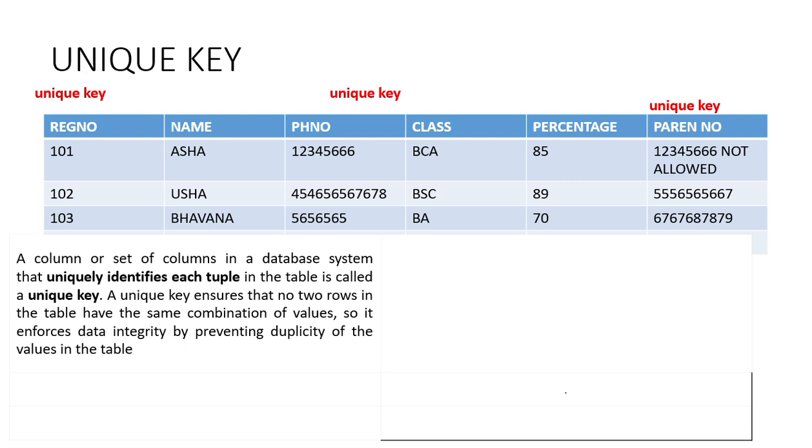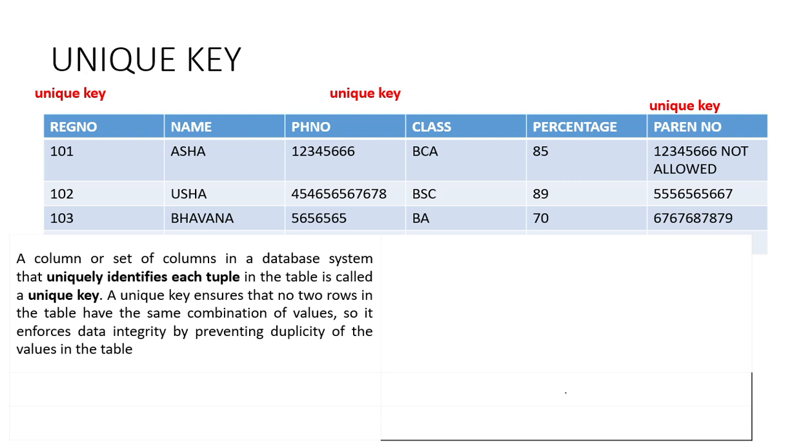So those things should be avoided. If you want the columns not to get repeated, then you can specify unique. I don't want the register number, student phone numbers and parent numbers to be repeated. That is why I have given these three columns as unique keys.